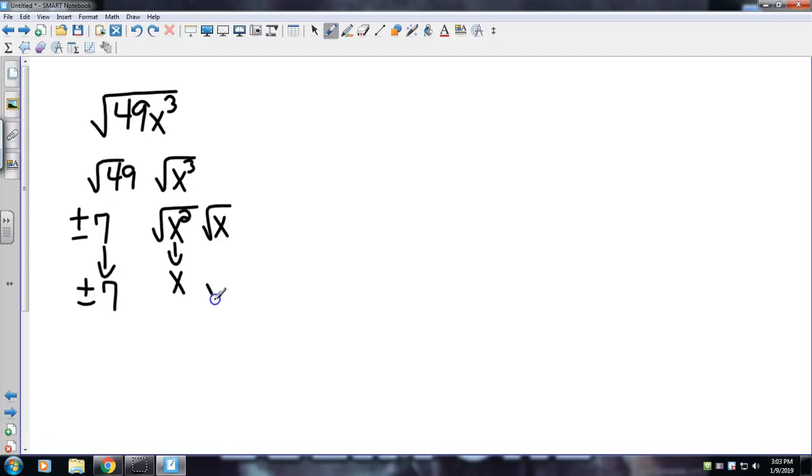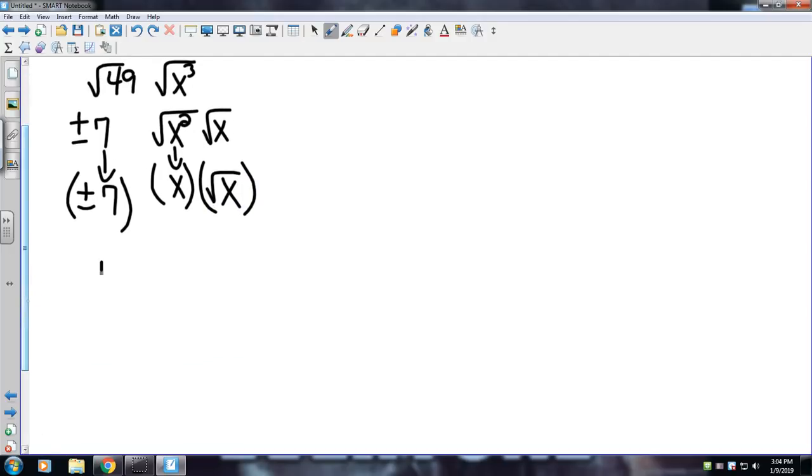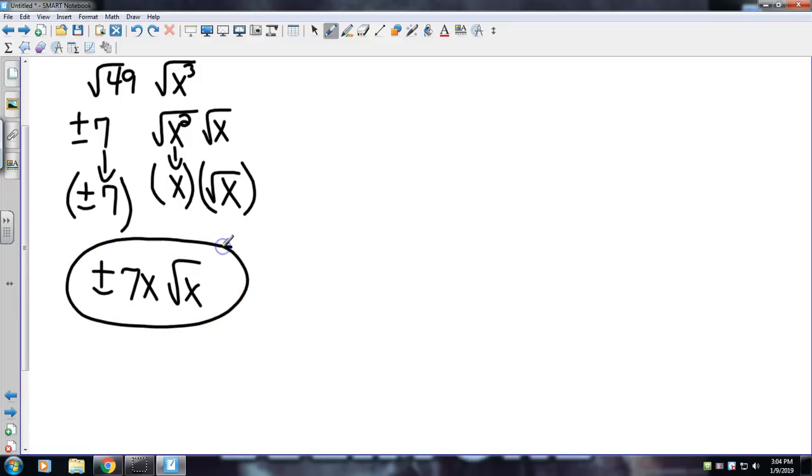I have an x, and I have a radical x. Remember, these are multiplication because there was nothing separating them up there. So my final answer is plus or minus 7x radical x. Or you could also say that plus or minus 7x square roots of x. Again, I broke down that x cubed into x squared times x, and I simplified it from there.